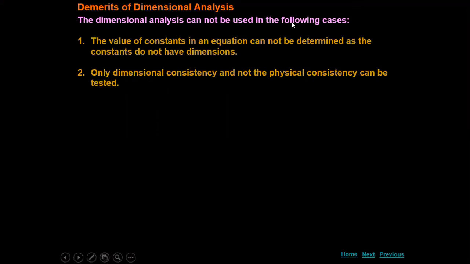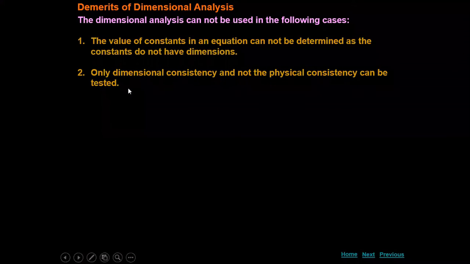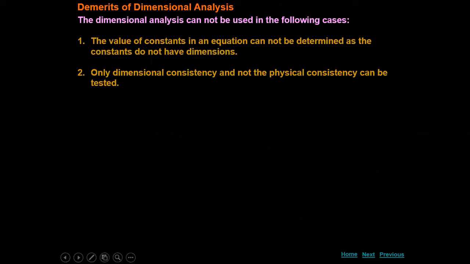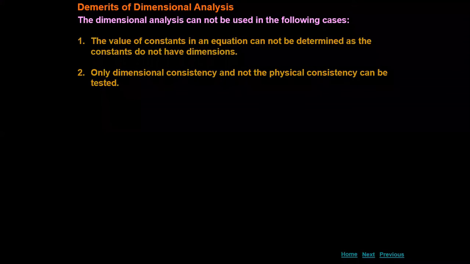Now, only dimensional consistency and not physical consistency can be tested. This I told you with the first example, the first application. Two equations can be dimensionally correct. Like we have done, ut plus half at square will give dimensionally correct, and ut minus half at square will also give dimensionally correct only.